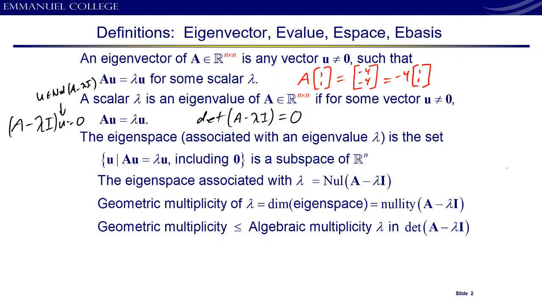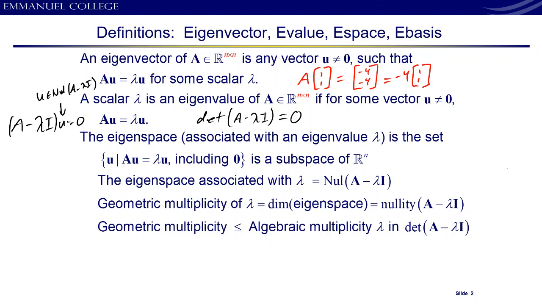And remember, the geometric multiplicity is the dimension of the eigenspace, which is the same as the nullity of the eigenspace. Geometric multiplicity will be less than or equal to the algebraic multiplicity. And remember, algebraic multiplicity is how many times an eigenvalue is repeated. So that's one thing to be careful of.